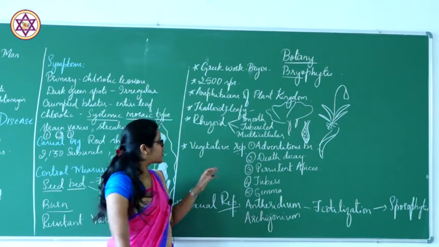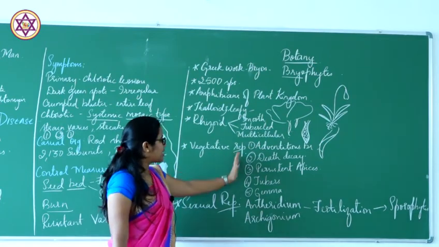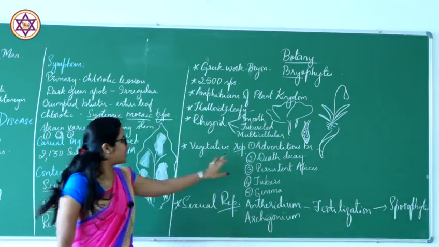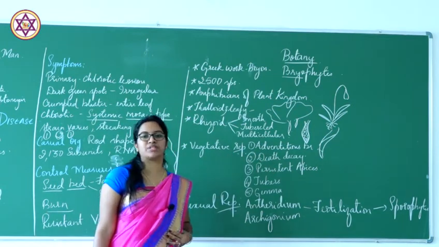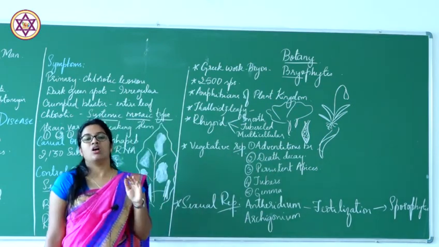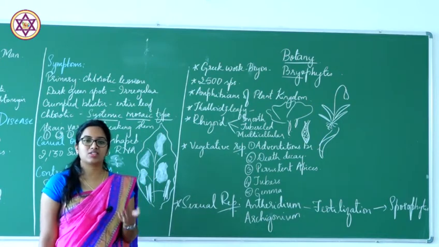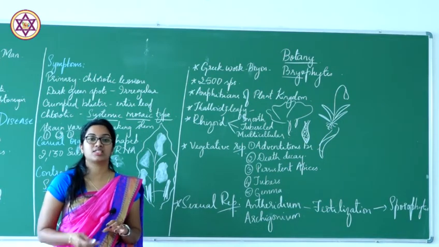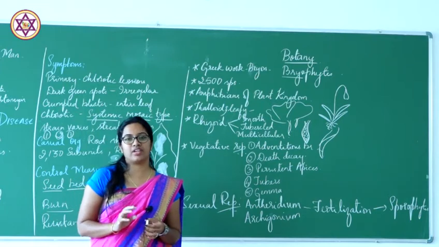In the case of vegetative reproduction, you can see there are 5 different types. The first one is adventitious branches. When we say the plant has to grow, it grows in a conducive environment.